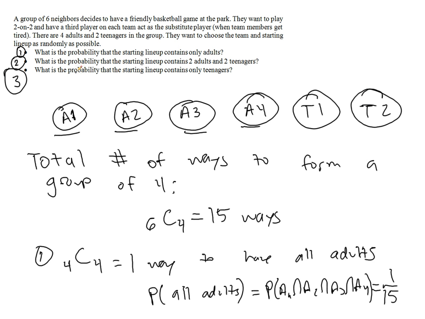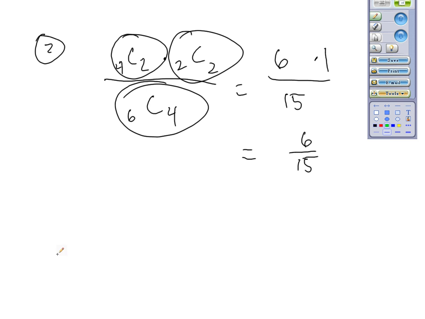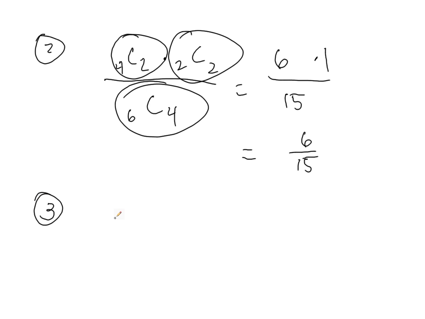And then finally, what is the probability that the starting lineup contains only teenagers? Well, that would mean that from the group of 2 teenagers, you would be choosing 4 teenagers, because there are going to be 4 people in the starting lineup, and that is not possible, right? Because if you only have 2 teens and you want to grab 4 teens from the group of 2, that's impossible.